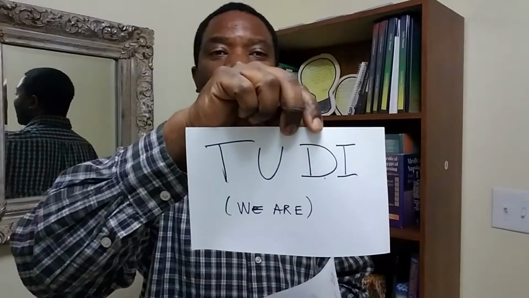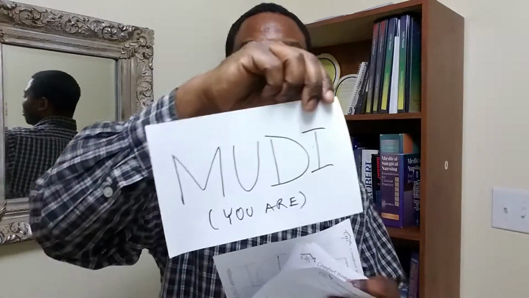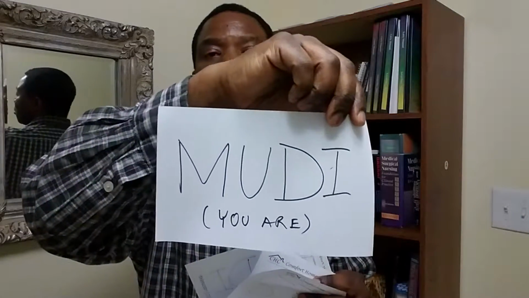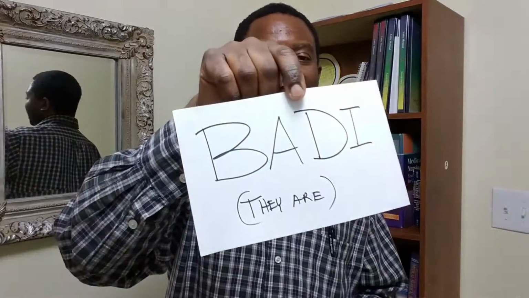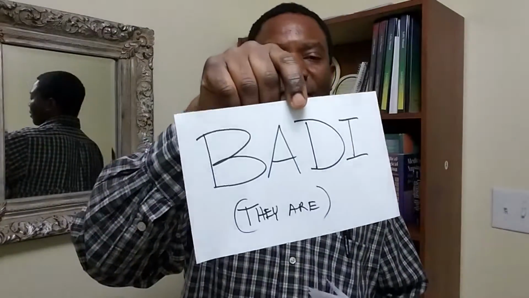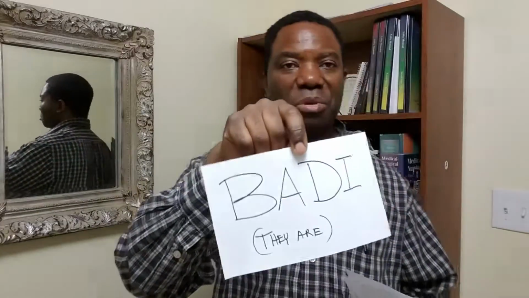Then we have tudi, which means we are. Mudi means you are. Badi means they are. So this is the verb to be, and we'll practice more with different words, like I was talking about bana.